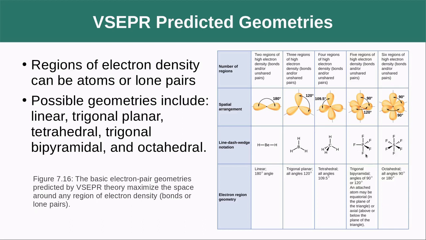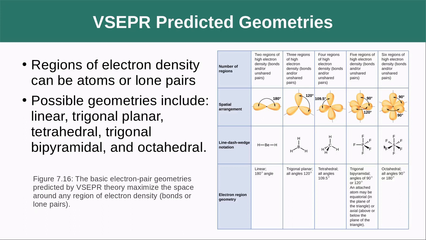Okay, so these ones at the periphery with 120 degrees between them are called equatorial positions. And the ones on the top and the bottom are called the axial positions. And we're going to see in a moment that that can be kind of important.